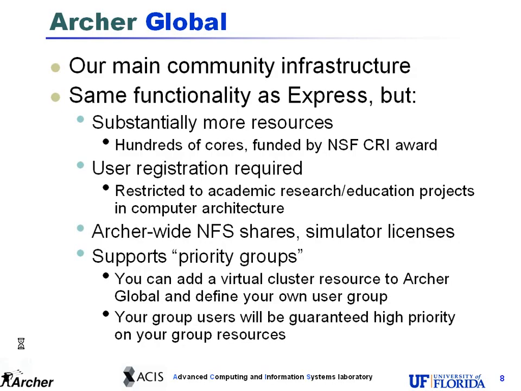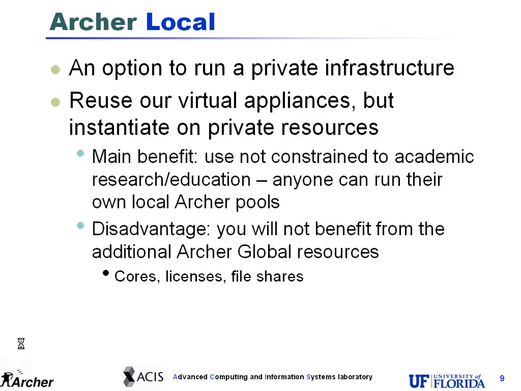To encourage users to contribute and connect to the Archer Global infrastructure, it supports the notion of priority groups. If your group comes in with several resources, you're able to guarantee that users from your group, for example the lab in your university, will have preemptive priority over other users of the system.